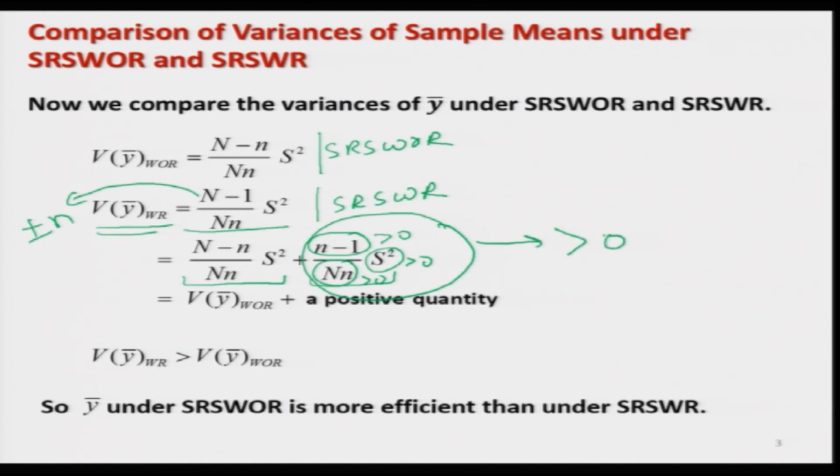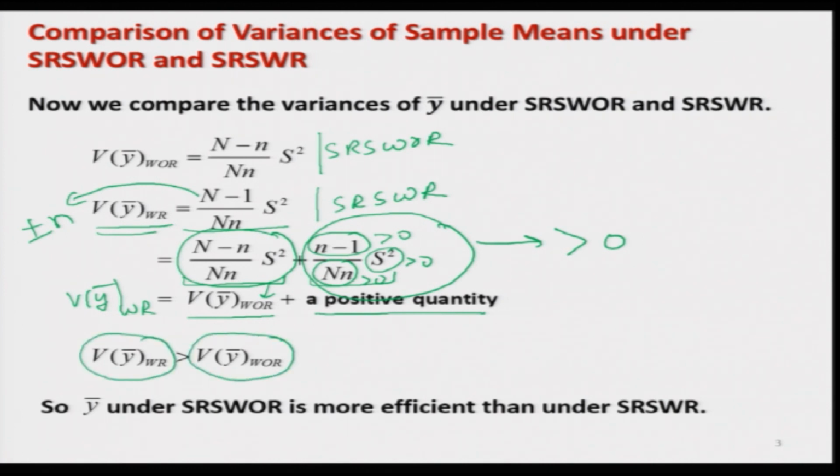Now this first term, (N minus n) upon N times S square, is nothing but the variance of y bar under WOR. So the variance of y bar under WR is expressed as the sum of the variance of y bar under without replacement plus a positive quantity. Obviously, the variance of y bar under WR will always be greater than the variance of y bar under WOR.